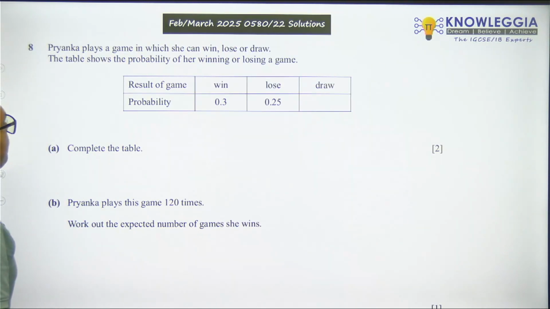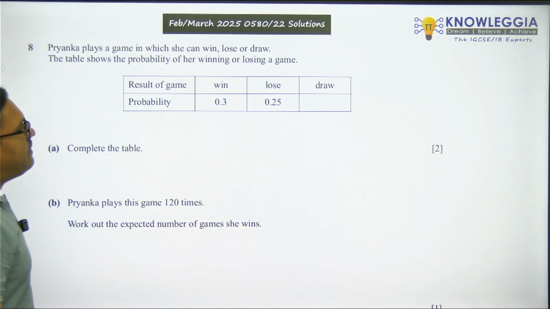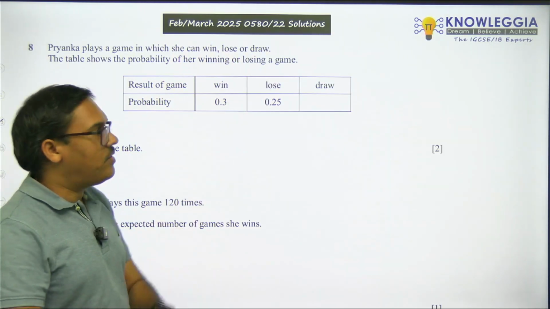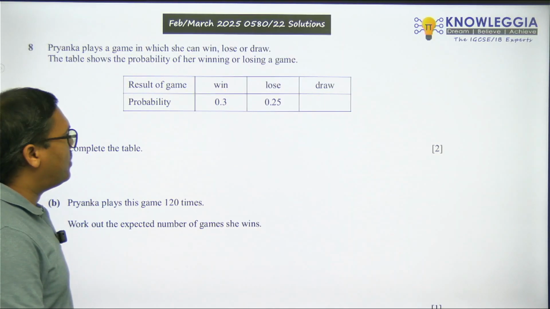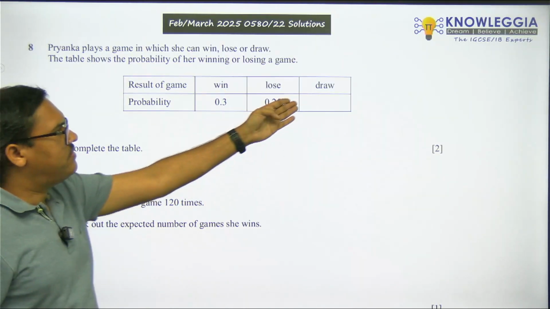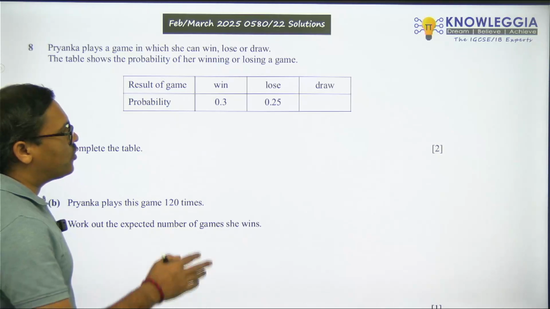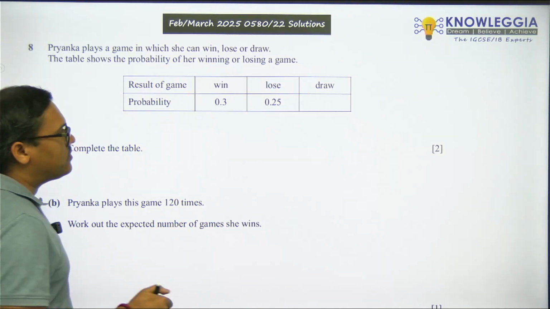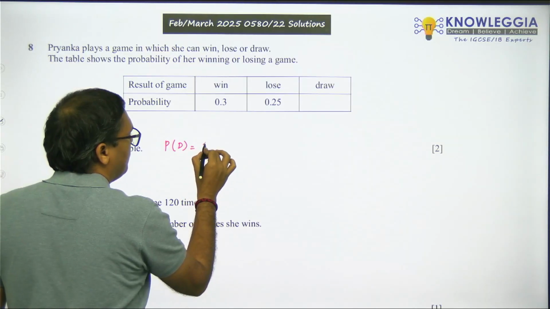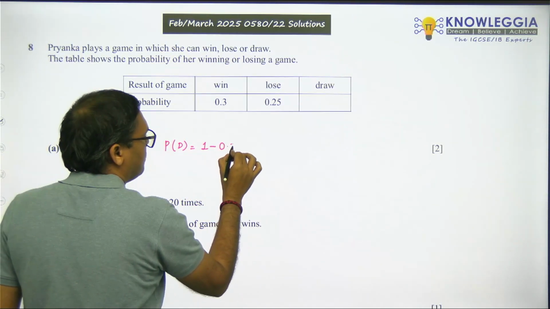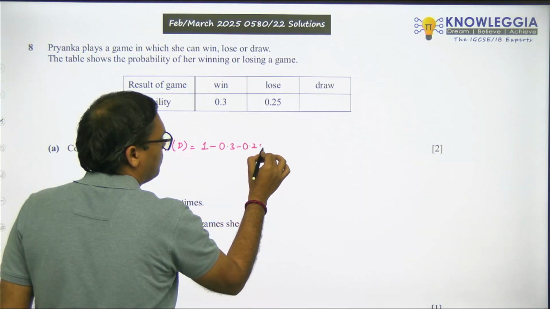Next question. Priyanka plays a game in which she can win, lose, or draw. The table shows the probability of her winning, losing, and drawing. Complete the table. First thing is, what is this probability? So the total probability we know is always equal to 1. So you can see what is the probability of draw. This is equal to 1 minus 0.3 minus 0.25.